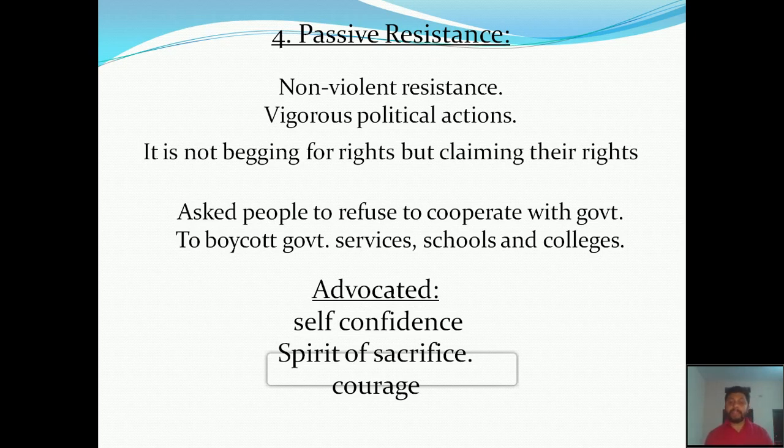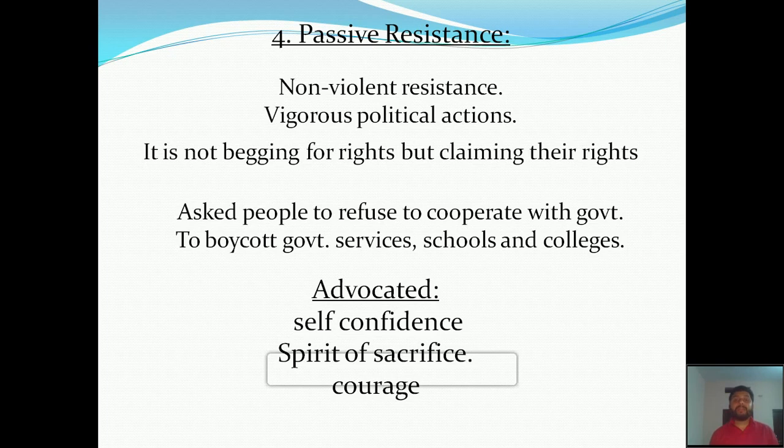Again, spirit of sacrifice: they asked the people to go for some kinds of sacrifice, because you are contributing for your nation, your mother country. And again, courage. Whatever the British may do against you, don't worry about it. Be courageous to defy the British government. So these were some of the measures under passive resistance.